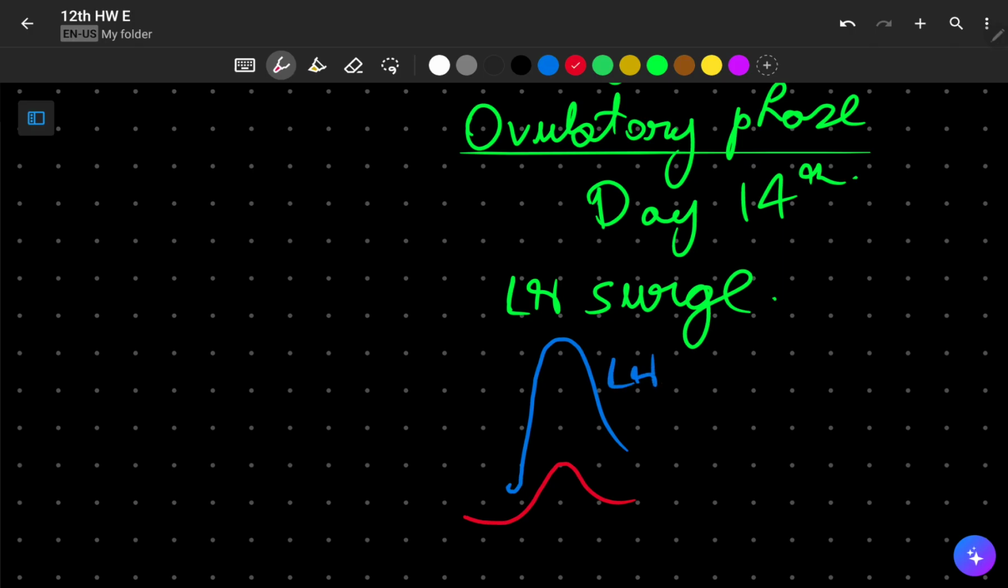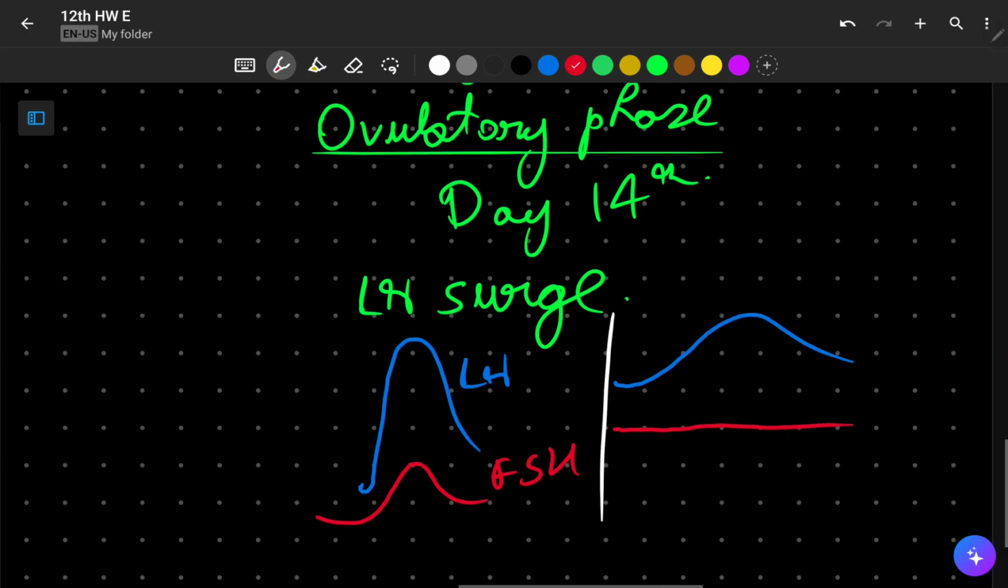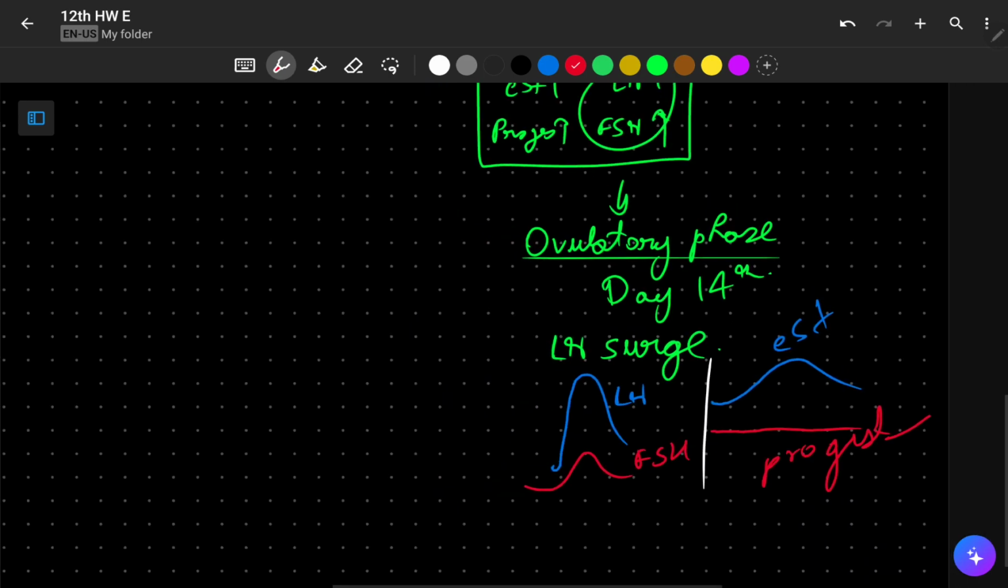This is LH, this is FSH. And if estrogen is like this, progesterone is just a flat line, it's not even that significant here, because for now the corpus luteum is not formed. Okay, and this is the ovulatory phase.